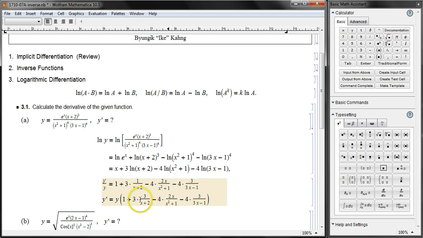Multiply 3 here. Multiply 4 there, so that's 8 now. And multiply 4 there, that's 12. Almost there. We are looking for y prime, and we got y prime. But what is y? Well, it's given right here, isn't it?